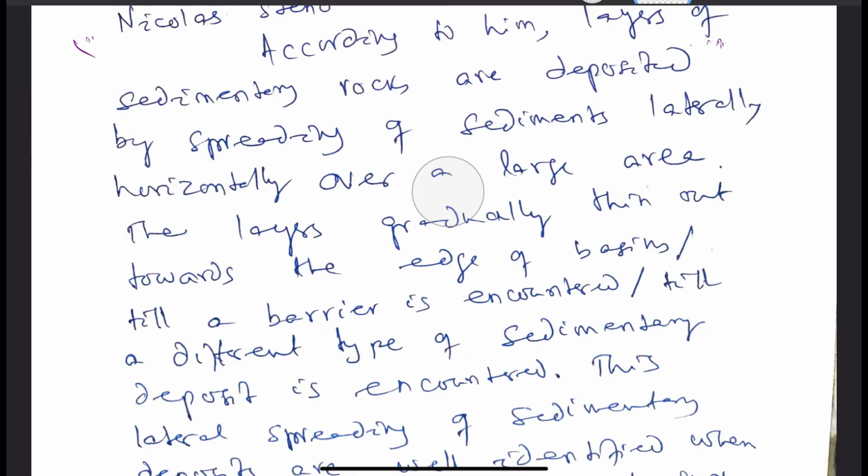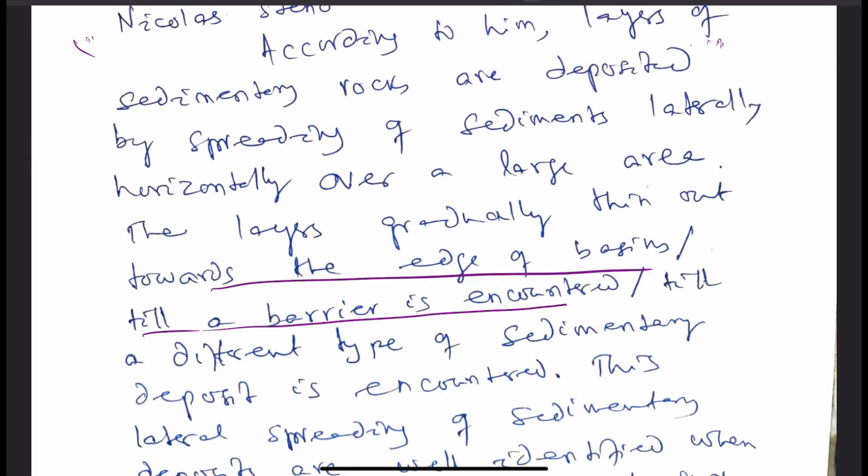And this lateral spreading of sediments continues up to the edge of the basin where deposition takes place, or till a barrier is encountered by the sediments, or till a different type of sedimentary deposit is encountered.